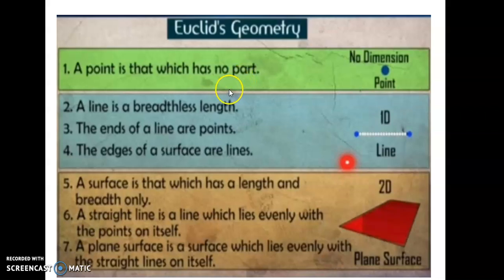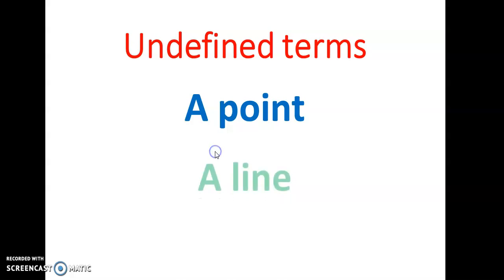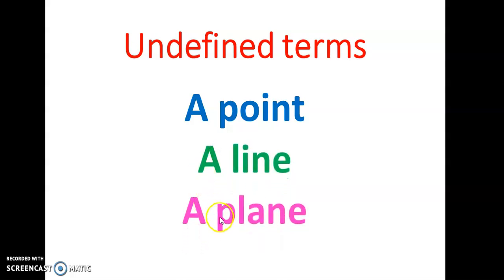For this reason, mathematicians agree to leave some geometrical terms undefined. So, remember, children, in mathematics, according to Euclid, the undefined terms are point, line, and plane.